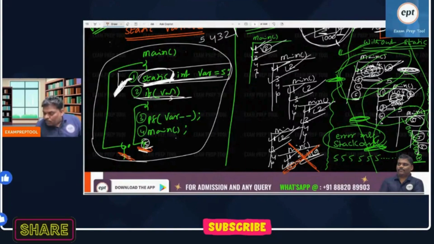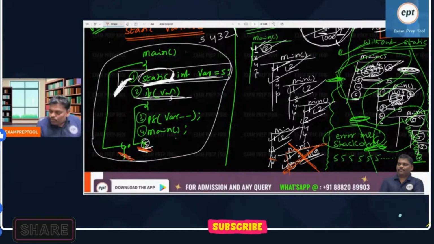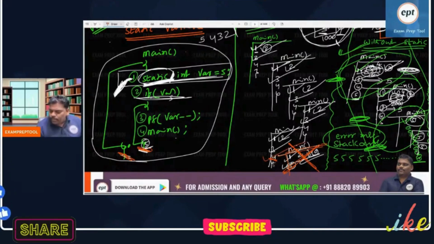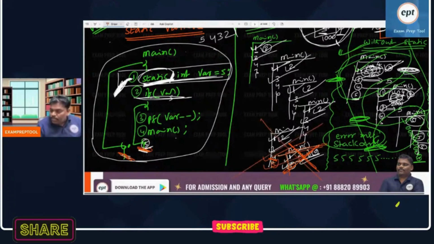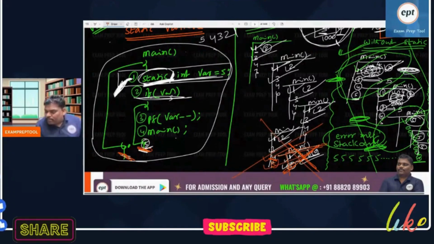That means you will go to the previous function, to the place you came from. Now in the previous function you are at the fourth line, where you went outside, that work is over. Now fourth one over, then fifth one means this function also completed. That means you will go to the previous one from where you came.